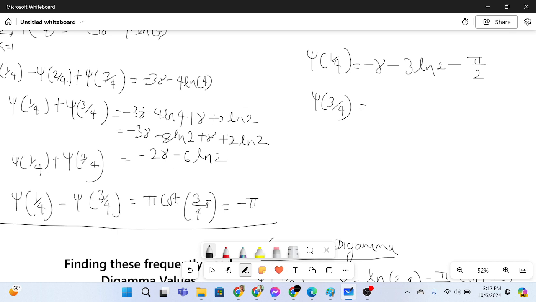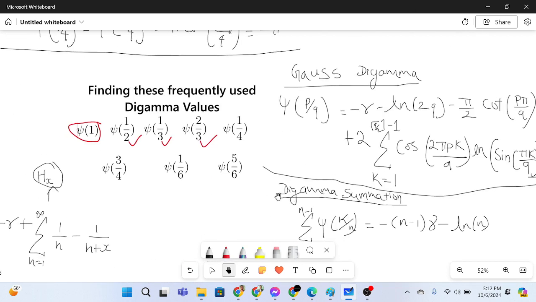If we do that, this will be minus the Euler-Mascheroni constant minus 3 ln 2, and then with the subtraction it becomes plus pi by 2, I guess. So yeah, okay. Now we have found digamma 1 by 4 and digamma 3 by 4 as well, right?